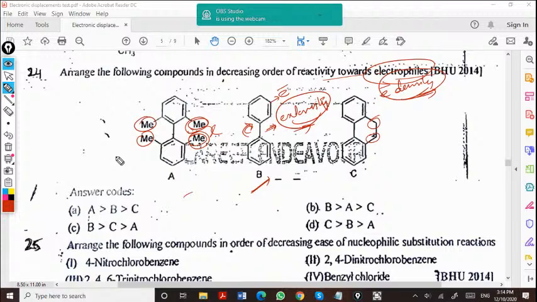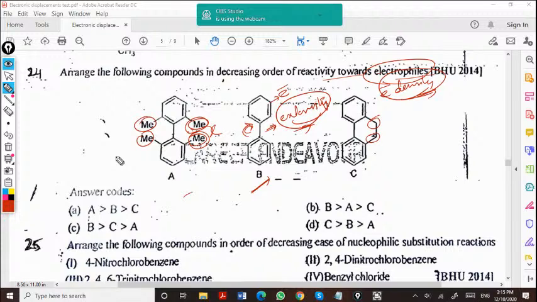If these two are phenyl rings, when ortho di-substitution is there, they cannot be at the same angle, so they will repel. The angle between them will be a maximum of 90 degrees, so there is no extended conjugation. They will be perpendicular to each other, so extended delocalization will not happen.